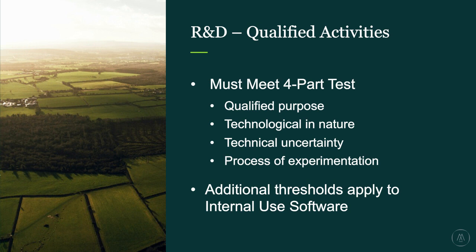So if the software is not commercially available, if the development involves significant economic risk, and the software results are substantial and economically significant, then the additional tests do not hold.